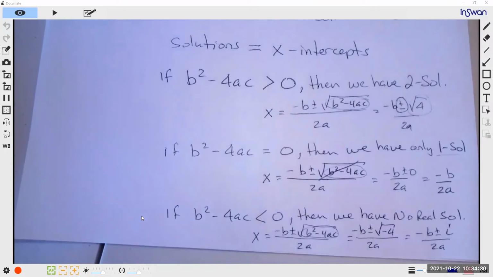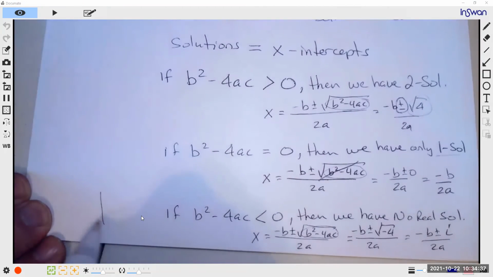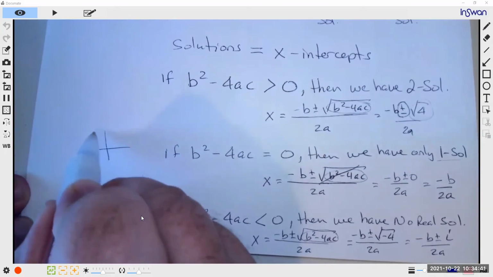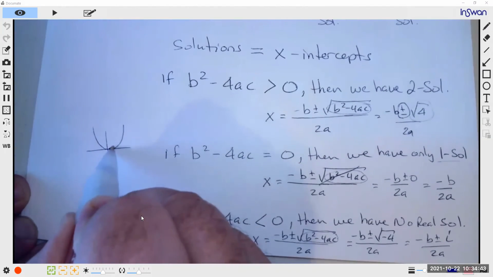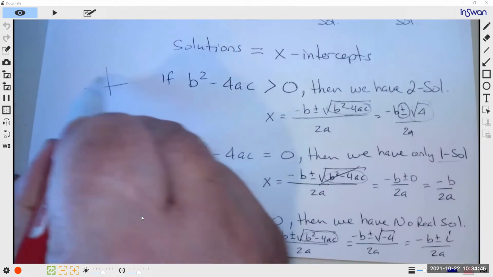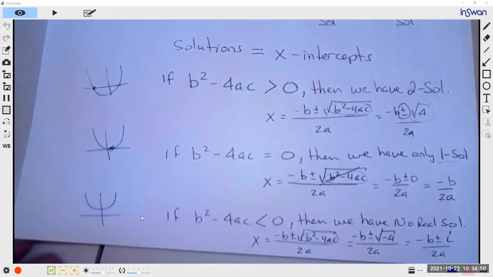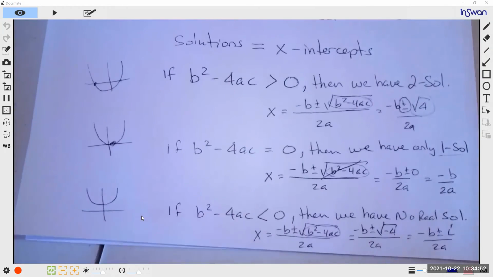In other words, this kind of graph would look like this. This kind of graph would look like this. And this kind of graph would look like this. When it comes to graphing, you wouldn't have to do that. If you're asked to find the x-intercept, so solve it, then you have to work it out and tell me it's imaginary.